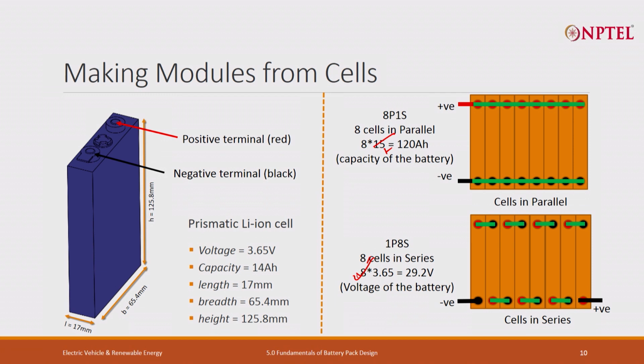So, if I require a 112 Ah and 29.2 volt module, what do I have to do? I have to take 8 cells in parallel first. What we follow is parallel first, series second. So, that is why NPNS.